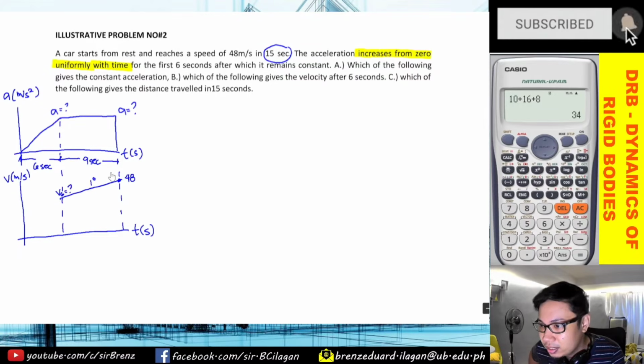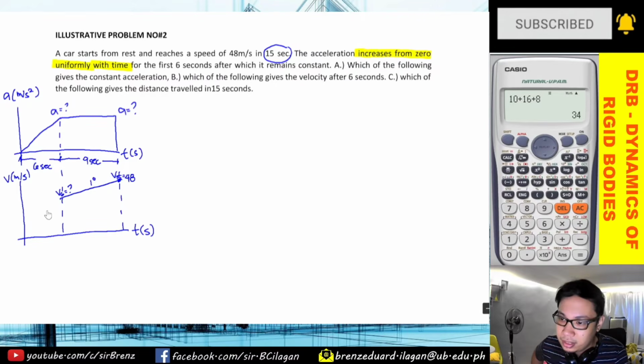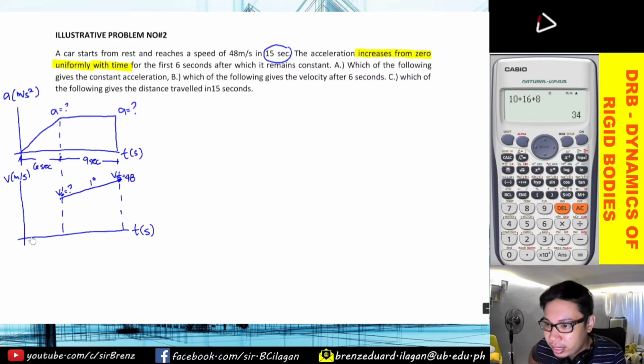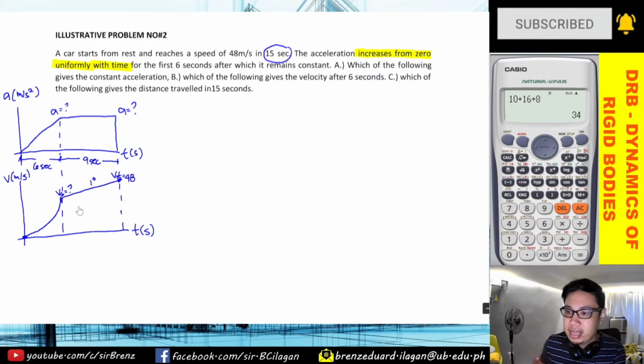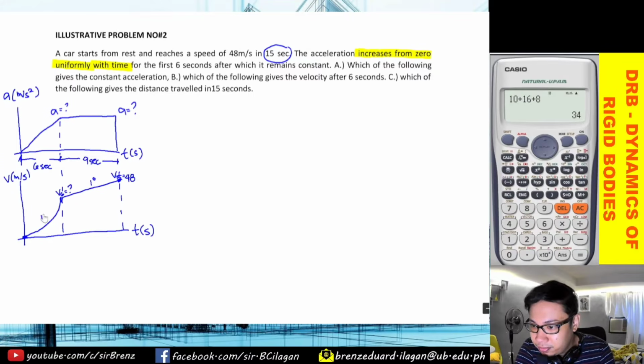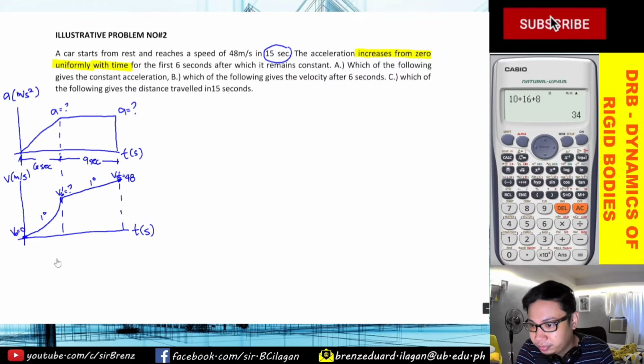This one is the velocity after 15 seconds, which is 48. And it starts from rest, so it starts from zero velocity. This will be minimum, maximum. With a positive slope, it is first degree, and the velocity at 0 seconds is 0.